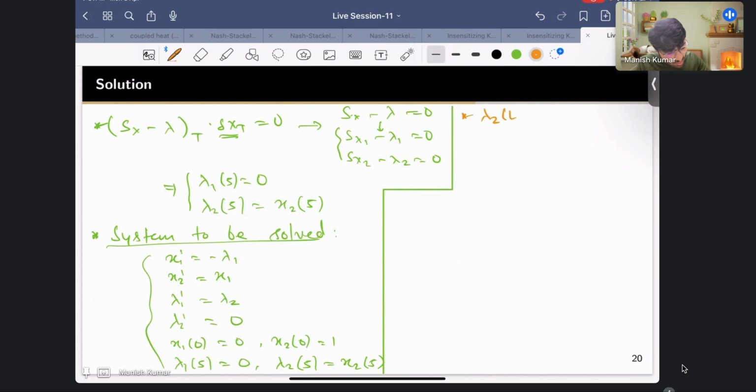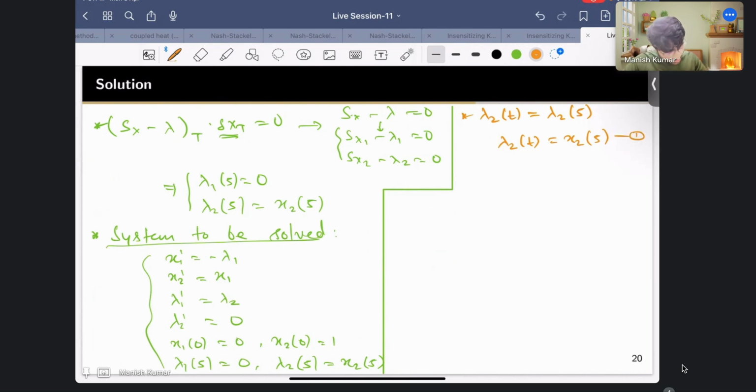And lambda 2 at t is a constant value equal to lambda 2 at 5. Whatever value it takes at 5, it is the same. So I can write lambda 2 at t is equal to x2 at 5. This is one equation.